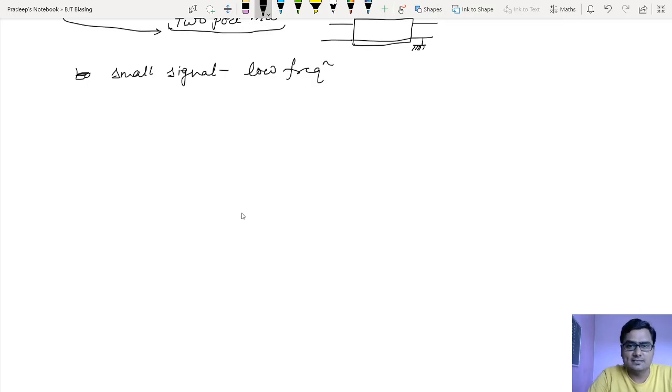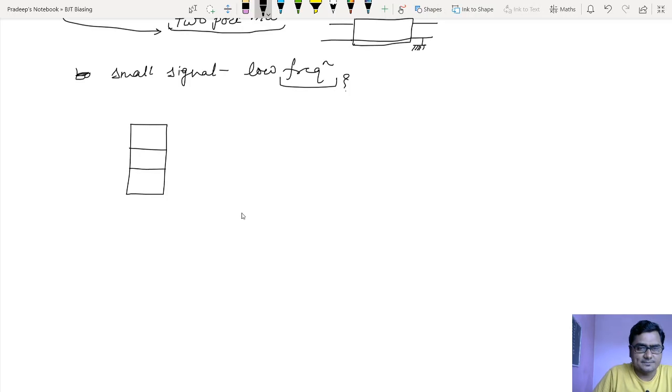We are in transistors, we started with the two-port network, and in between, where am I getting this frequency component from, and why? Let me tell you. If it is a BJT, we know that we have two junctions.